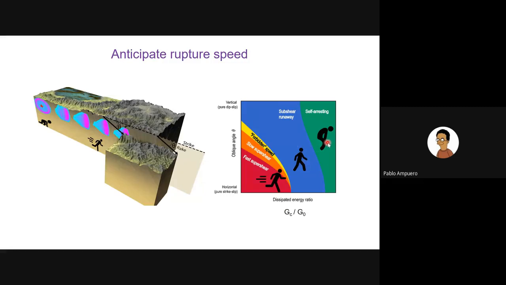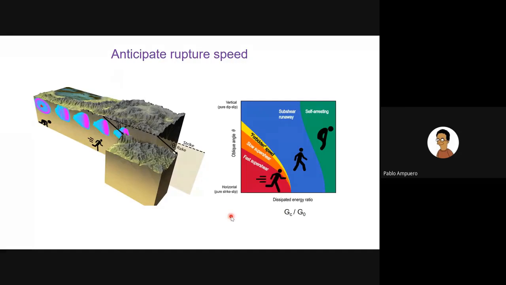They have too low energy to start with. Then we have the sub-shear, those relatively slow or regular earthquakes, if you wish. We have the forbidden speed and the unstable speed in yellow and orange. They don't exist for pure strike slip, but this exists in the middle. And the supershear ruptures in red.